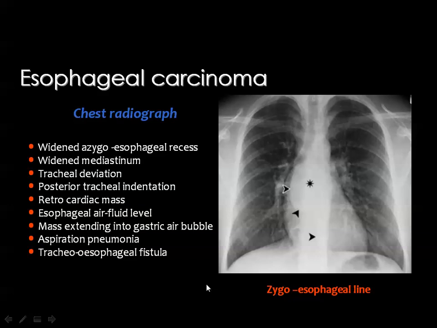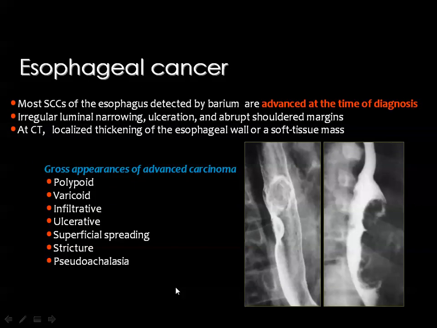Then on the chest radiograph, if the tumor is large and it displaces the normal anatomic lines in the mediastinum, there may be widening of the azygoesophageal recess, widening of the mediastinum, tracheal deviation, posterior tracheal indentation, retrocardiac mass, air fluid level in the esophagus proximal to the tumor, and the lesion may extend into the stomach, as seen here by the gastric air bubble. Sometimes we see aspiration pneumonia due to obstruction, and maybe tracheoesophageal fistula.